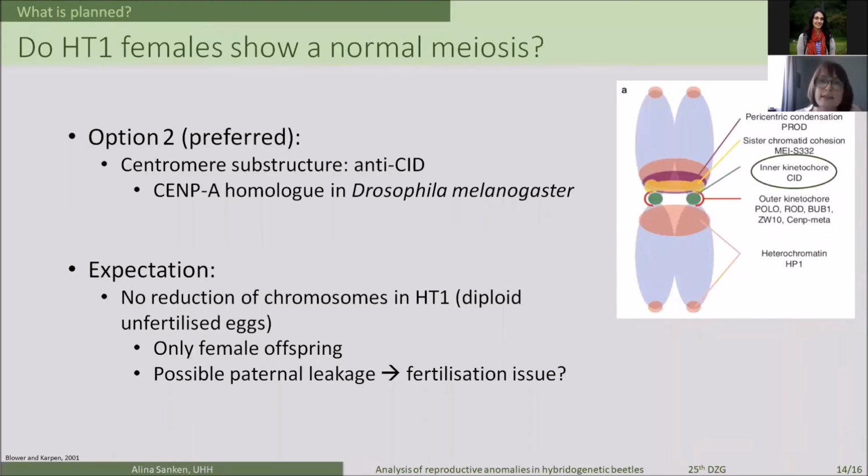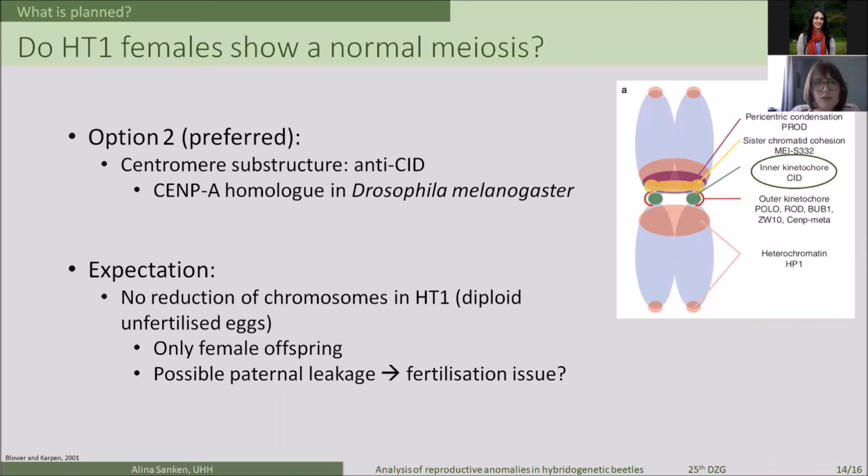What I think or what I expect is, since we only have female offspring in the haplotype 1 beetles, that there might not be a reduction of chromosomes in haplotype 1. The meiosis is basically made for the reduction from a diploid to a haploid state, but since there obviously is something off in the development of the haplotype 1 beetles, I'm guessing that it's due to the non-reduction of the chromosomes during the meiosis.